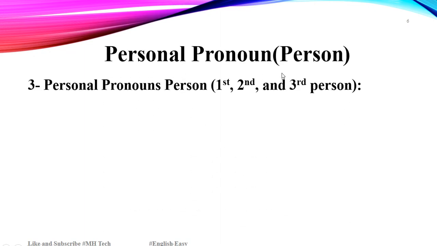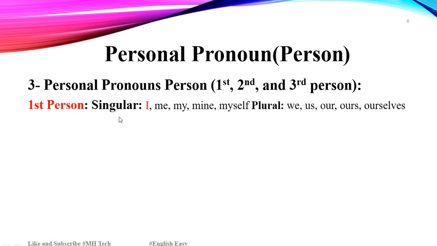We have personal pronoun person. So we have first person, second person, and third person. What's the example for first person? Here, singular: I, me, my, mine, myself. So it shows the singular first person. And we have the plural form for the first person: we, us, our, ours, and ourselves.